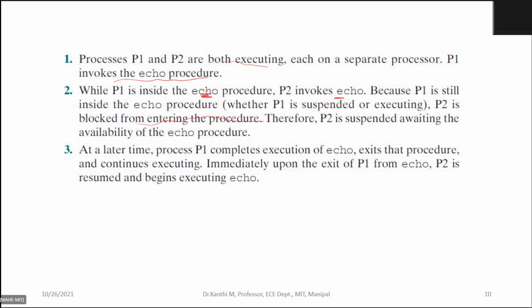Okay. So at a later time, when the process completes the execution and exits the procedure, immediately upon exit, P2 is resumed and begins to execute this function. Okay. So this is how you handle the common resources, the common variables or any common procedures.